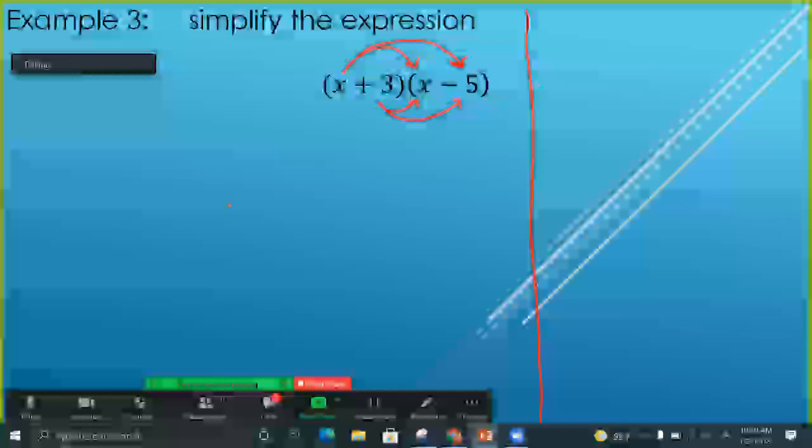There we go. So starting here, x, and you know what? Let's list them all off before we do them too. So here's the first one, x times x. Then we're going to do x times negative 5. Then we're going to do 3 times x. And then 3 times negative 5.